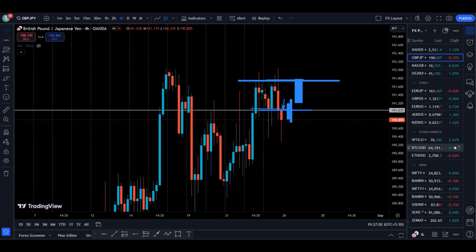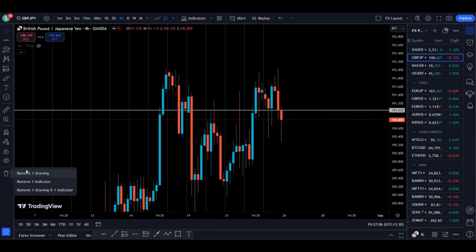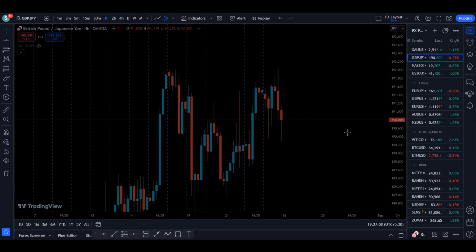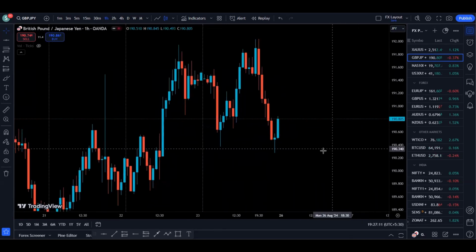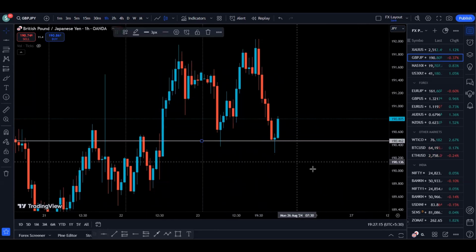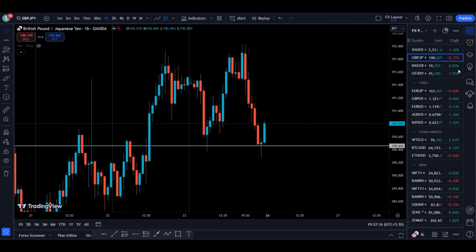Anyways, let's go to 1 hour time frame to see exactly what is happening on the 1 hour time frame. On the 1 hour time frame, we can see that price has created a support right here. So right now, if price consolidates in this area for some time, then we have clean range on the left hand side. What I anticipate here is for the price to create a resistance in this area.